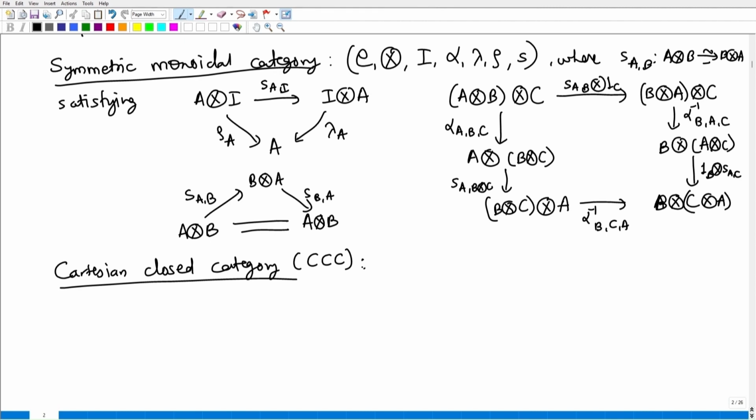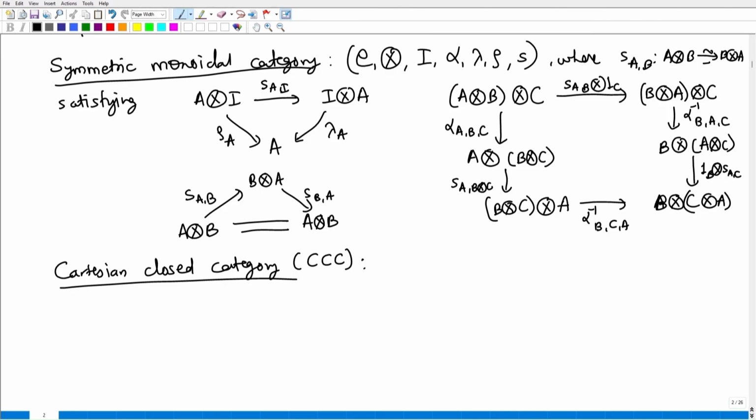This is used in functional programming, because types are the objects here and you need some version of currying and uncurrying. You remember currying, uncurrying from adjunctions. So adjunctions are the key here.